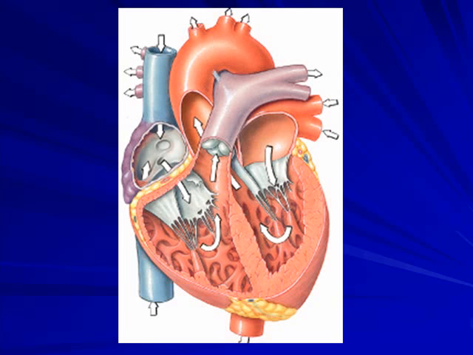What is the common name that refers to those valves? You need to know where the tricuspid valve is located and its characteristics. You need to know where the aortic valve is located and what its characteristics are.